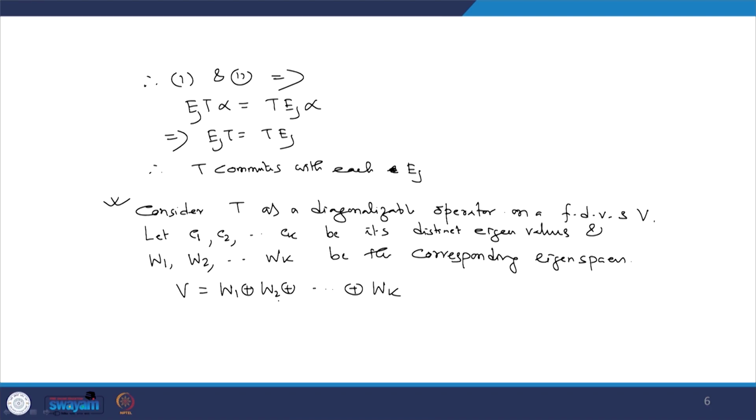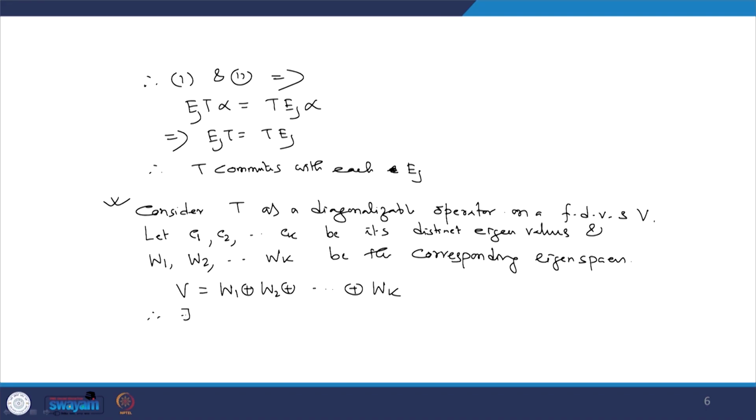So, since V is a direct sum decomposition of W1, W2, Wk, our previous result says that there will be k projection operators, say E1, E2, Ek, where range of E_i is W_i.